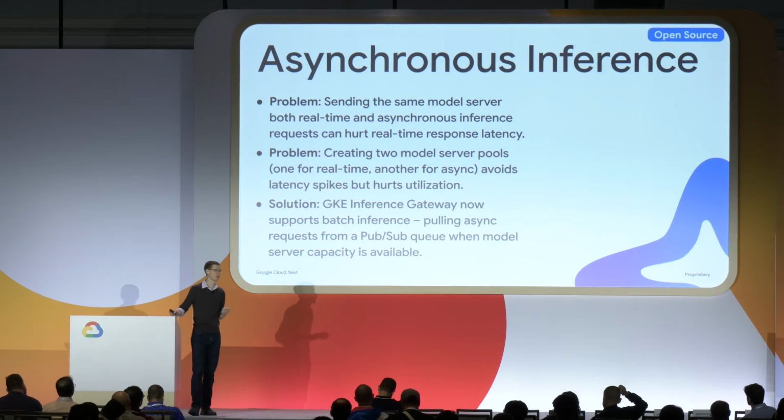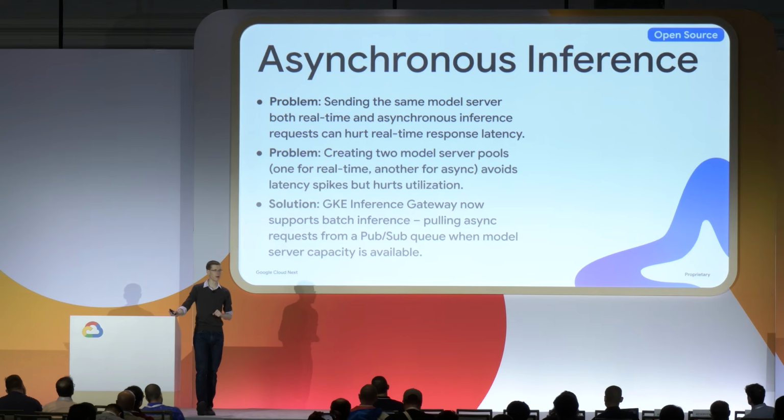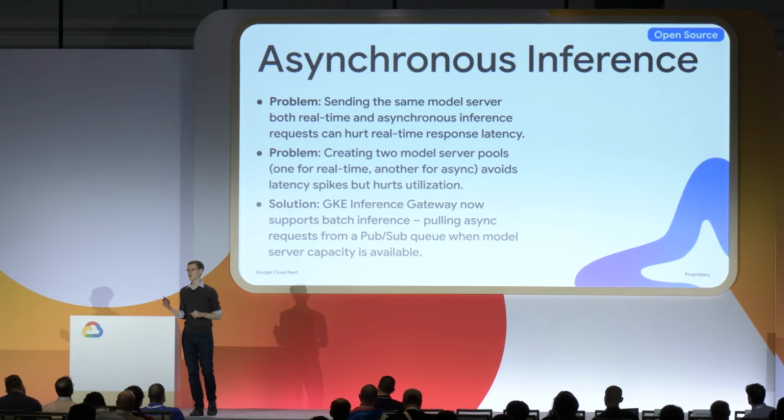And so what we have done within GKE Inference Gateway is allow you to have sheddable load and allow you to specify this traffic is async, which is to say my latency SLO here is not real time, but this particular request is able to wait a little while. And that allows us, when routing requests, to prioritize those requests that need to be real time. When real-time demand drops a little bit, you can backfill the capacity and fill it in with some of the batch that is less latency sensitive. All of this is built in to GKE Inference Gateway. You can get it out of the box with Inference Gateway.